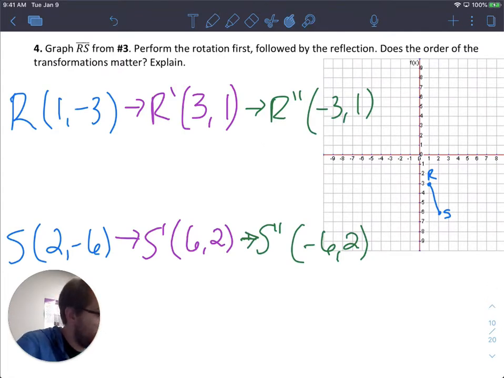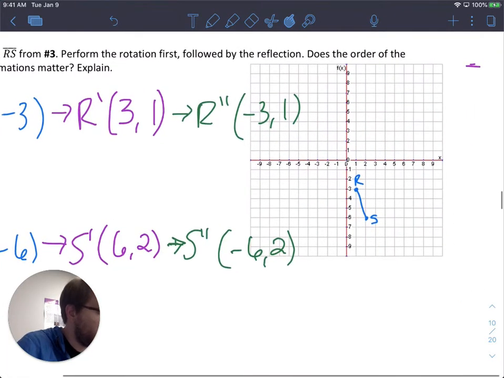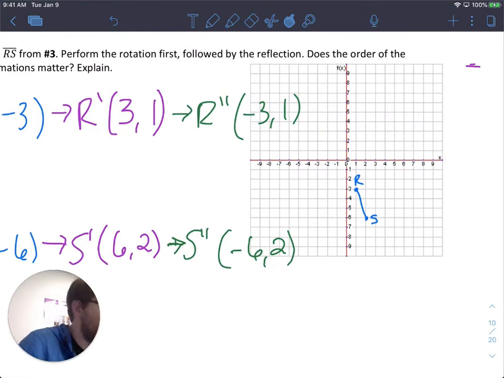So let's look at what that composition looks like, and see how it compares to what we have in number 3. So we have -3, +1, and we have -6, +2.